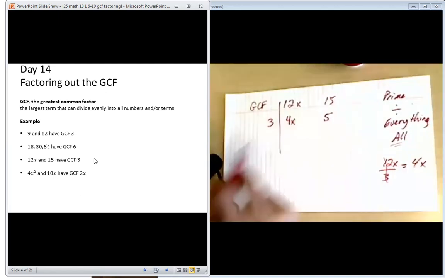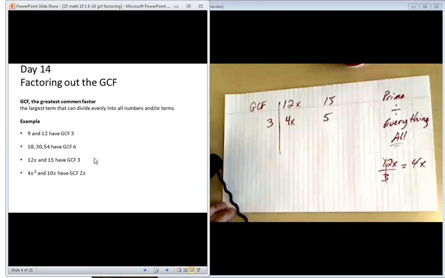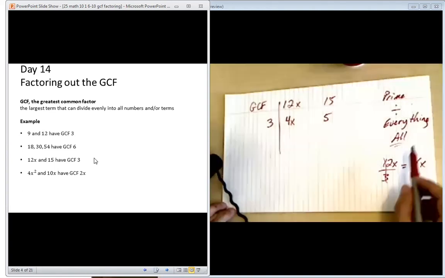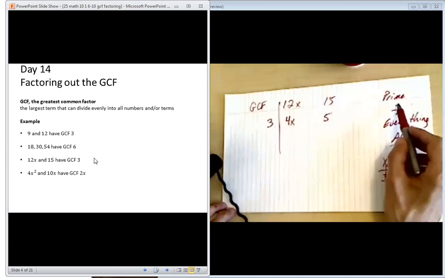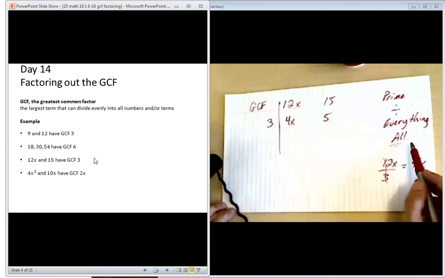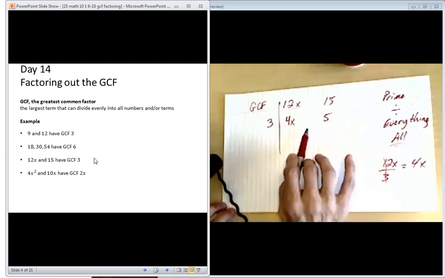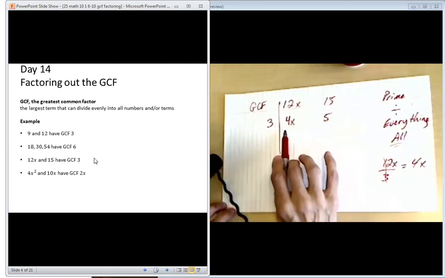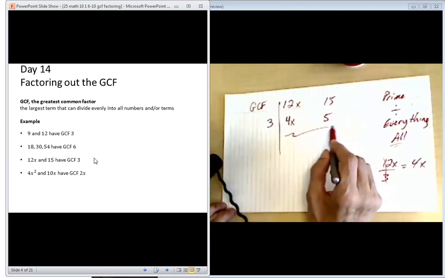Okay, so you got 4x showing up, not just 4. That's why I gave this example. We still have to take a look though. Prime number dividing all? No, it's finished. Right? You need 2s for that, 5 for that, done.